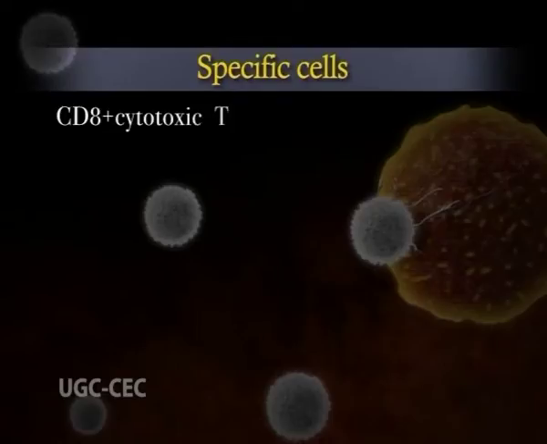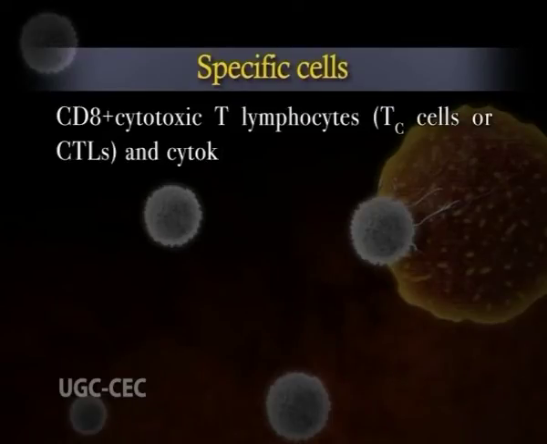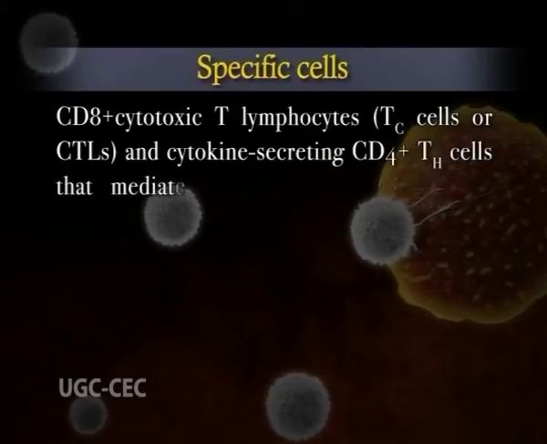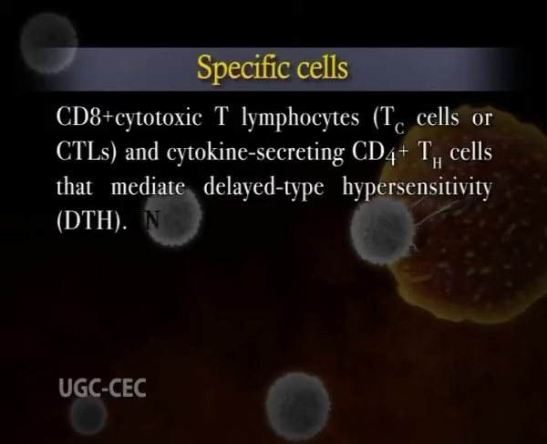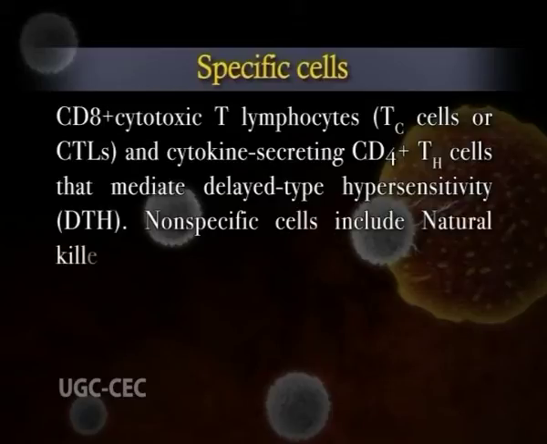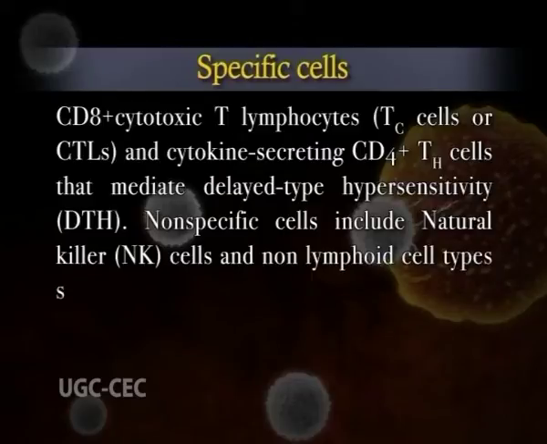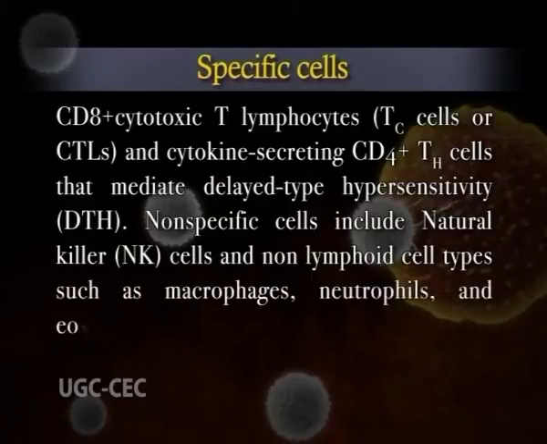Specific cells include CD8 positive cytotoxic T lymphocytes or TC cells or CTLs and cytokine-secreting CD4 positive T helper cells that mediate delayed type hypersensitivity or DTH. Non-specific cells include natural killer cells and non-lymphoid cell types such as macrophages, neutrophils and eosinophils.